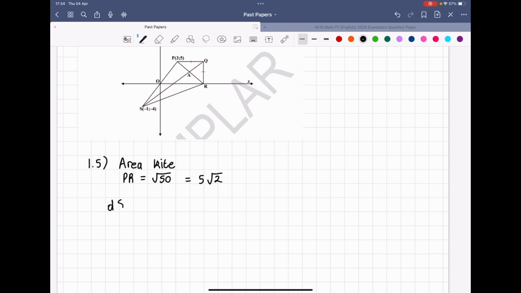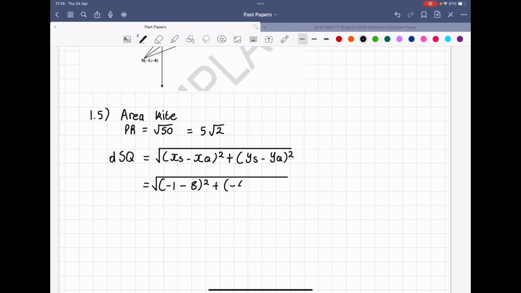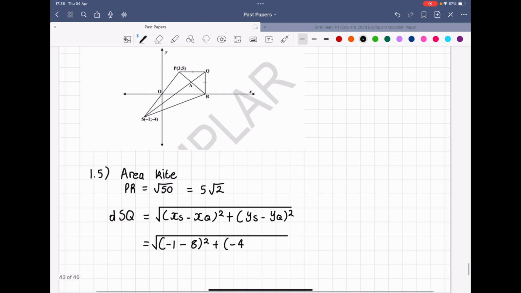So my distance SQ is equal to the square root of XS minus XQ all squared plus YS minus YQ all squared. And I just substitute in the values. So I know that x of s is minus 1, and x of q we found to be 8. And the y of s is minus 4, and the y of q was the same as the y of p, which is 5.